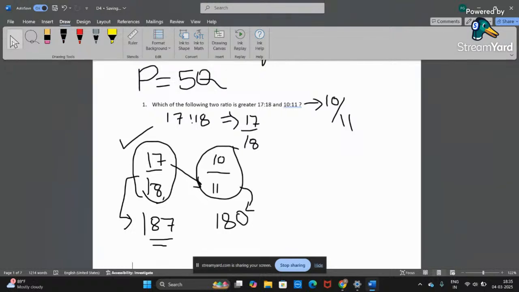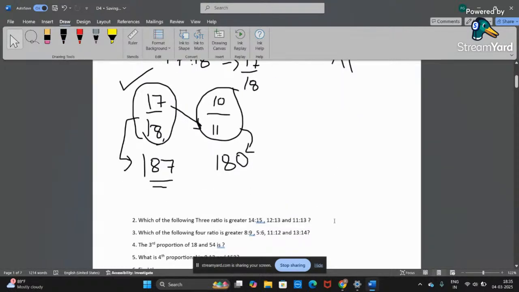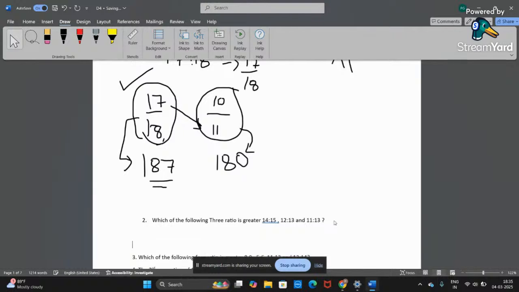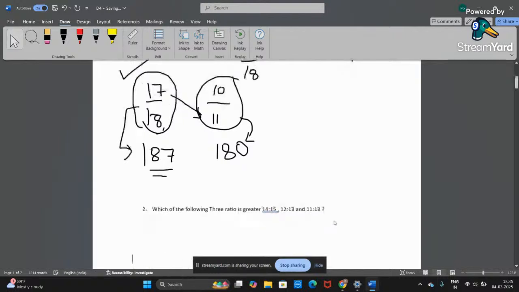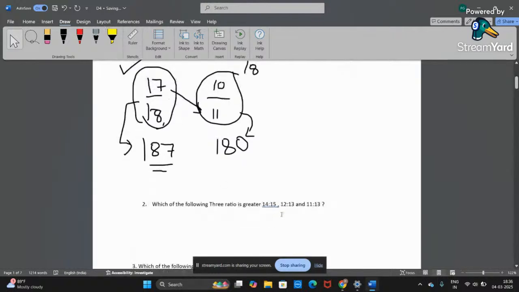We'll solve the next one. If three ratios are given, and we need to find the greater one, first we find it for two ratios. Then we compare the greater one with the third ratio. We'll check it out.